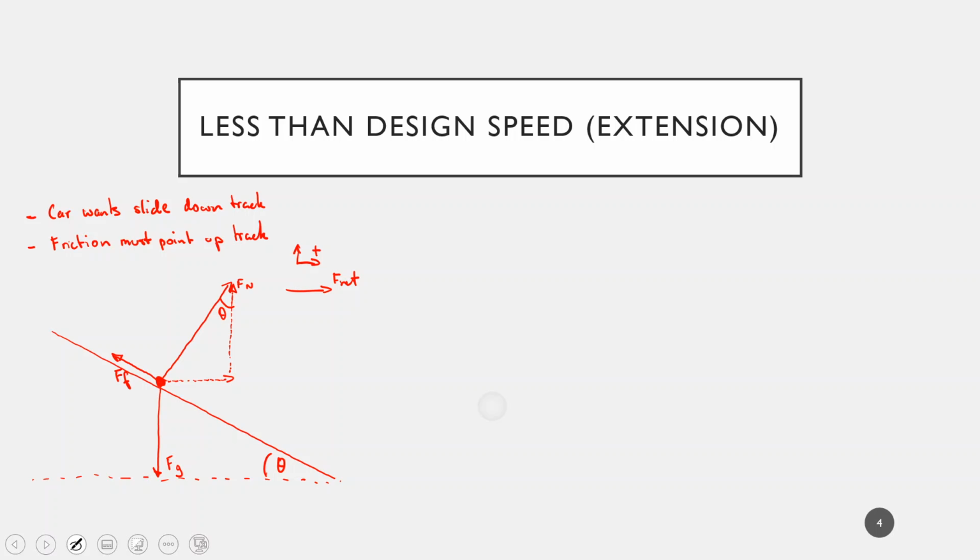So that means this vertical component is Fn cos theta, just like before, and this horizontal component is Fn sine theta, just like before. Also breaking our friction into components, you've got a vertical component pointing up, and a horizontal component pointing towards the left. This angle here is going to be equal to this angle here.